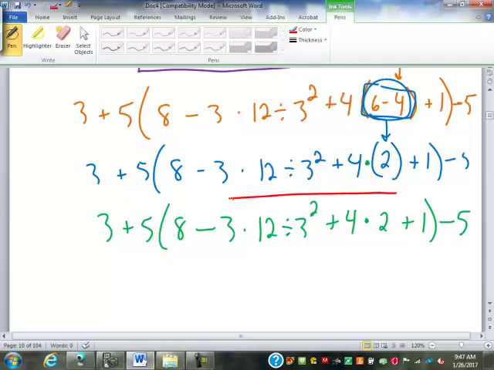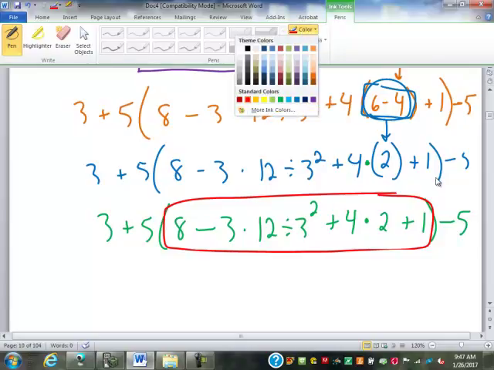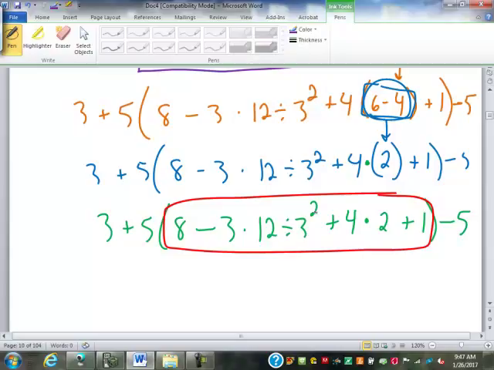It's gone. We're back out to working in the larger enclosing symbol, the larger set of parentheses. In there, are there any other enclosing symbols? No, there are not. Are there any exponents? Yes, there are. We have the 3 to the power of 2. So that's got to happen first. That is 9.